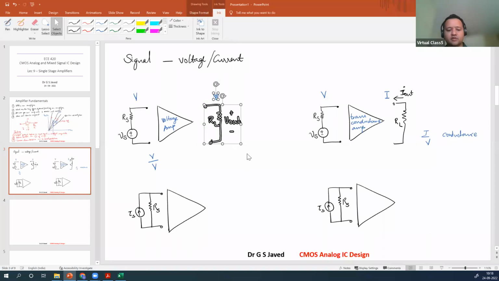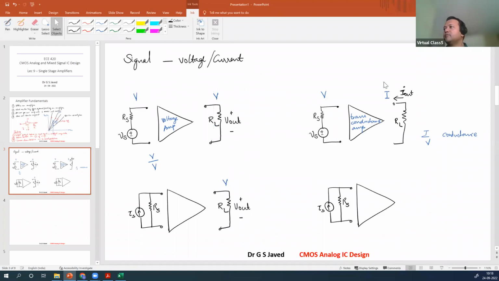So we'll just copy this one here. So you'll have a resistor output or a voltage output, or you'll have a current output. Now when you have this way, so this is I.